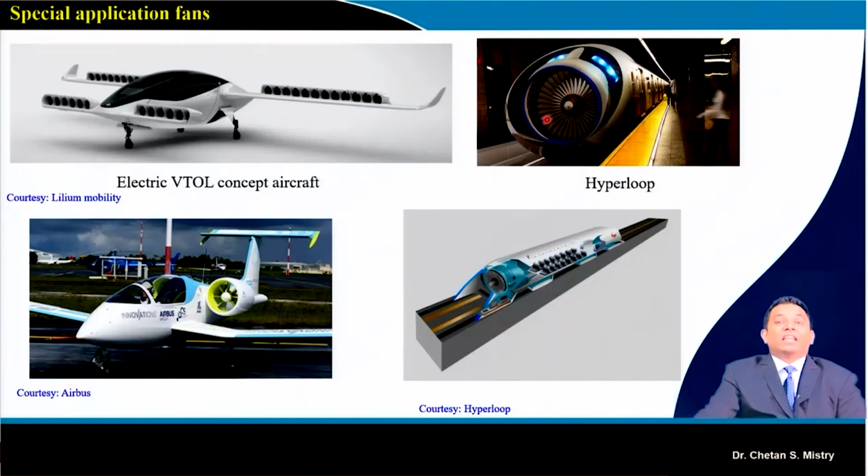These fans basically generate the thrust. So this is also one of the future applications for the design of these fans. So now what all we are discussing at this moment, we will be discussing about the design of such applications.